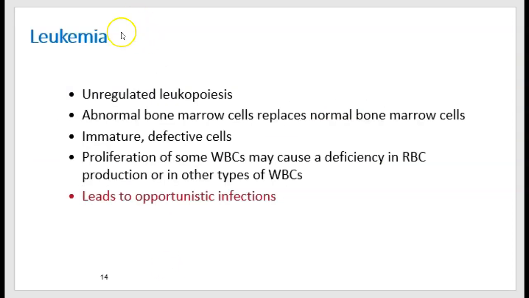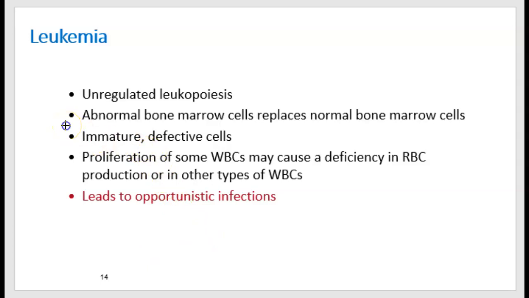So it's unregulated leukopoiesis. So the bone marrow becomes abnormal, no longer responding to signals to produce white blood cells. It just automatically produces lots of white blood cells. So it's unregulated mitosis as well, and maturation of white blood cells.